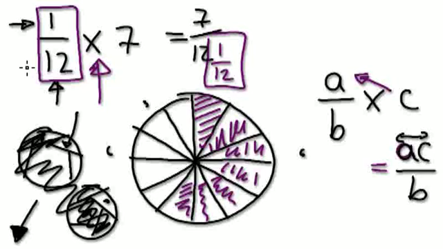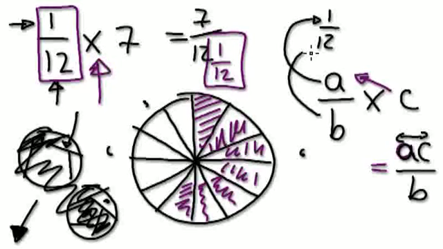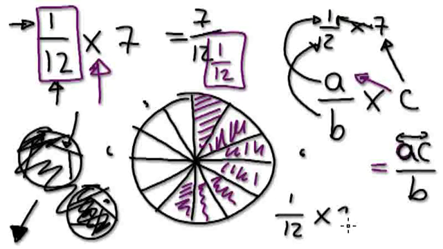If you look at this here, let's say 1 over 12, this is our a here, b is here, and when you times 7, this is our 7 here. When you times that, it just gets multiplied to the top.